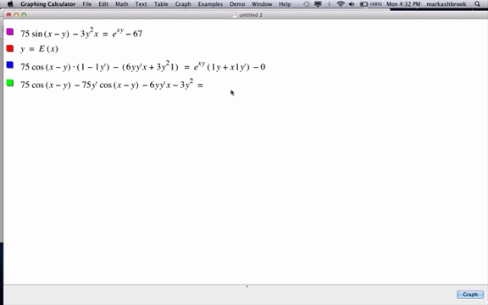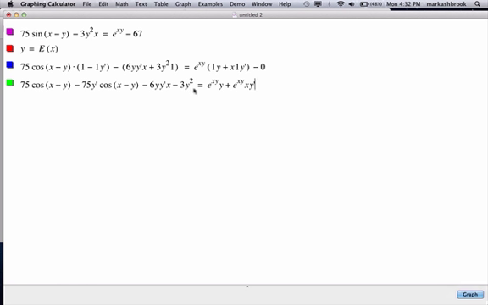It's going to be e to the xy times y plus e to the xy times x y prime. And then the 0 goes away.